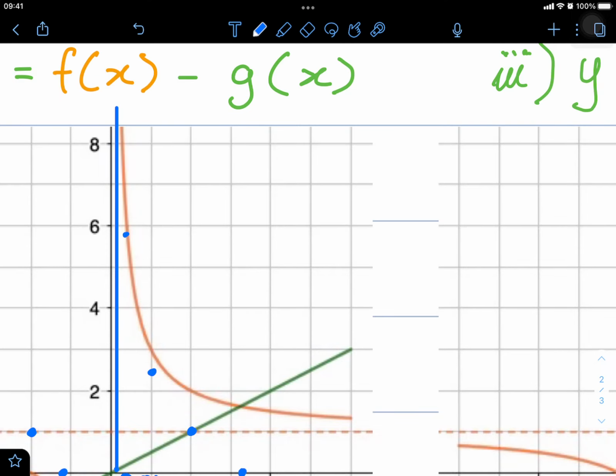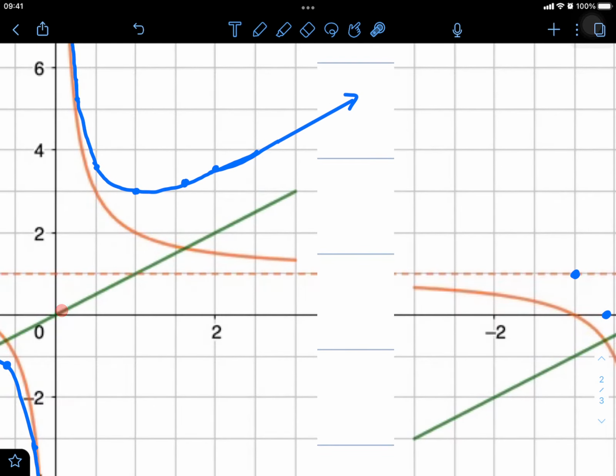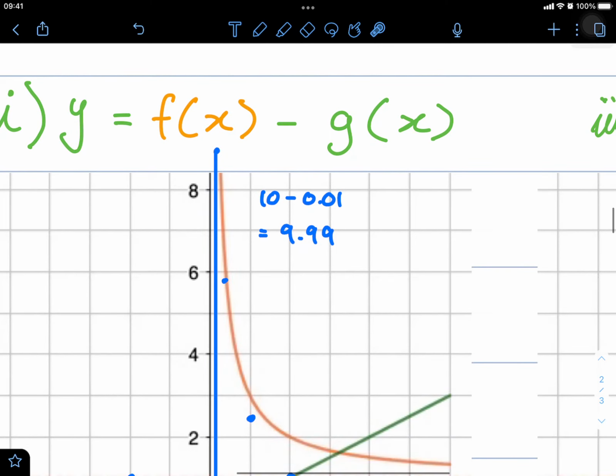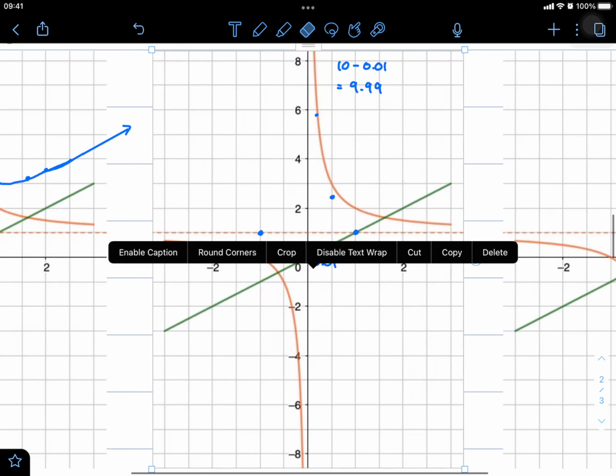Let's say it's 10. 10 minus 0.01 is 9.99. Just like what we did in the previous one, it should look indistinguishable from f itself, because we're taking a very large number minus a very small number. So a large number minus a very small number, it's as if it never happened.